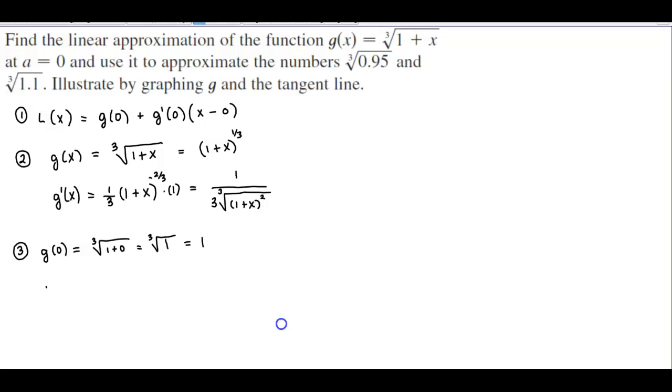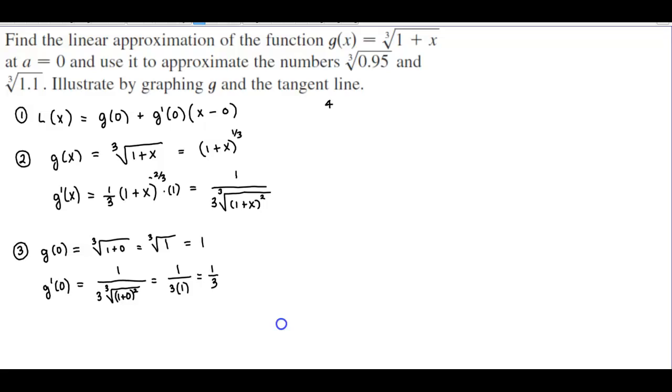And if we want to find g prime of 0, that's going to equal 1 over 3 times the cube root of 1 plus 0 squared. 1 squared is 1, the cube root of 1 is 1. So we know that's going to give us 1/3.